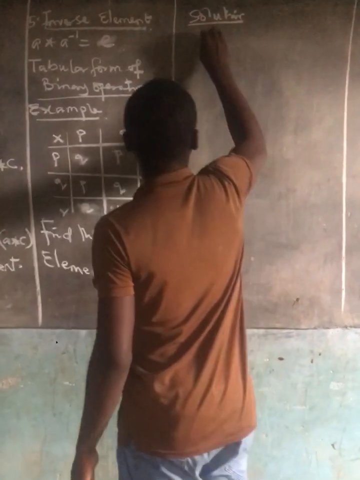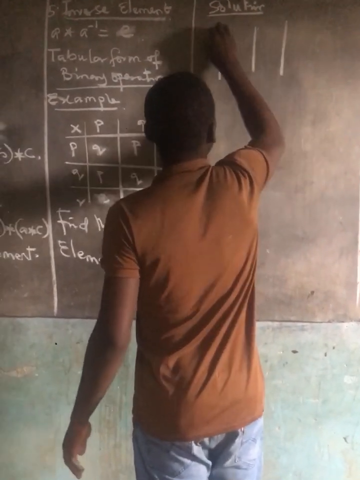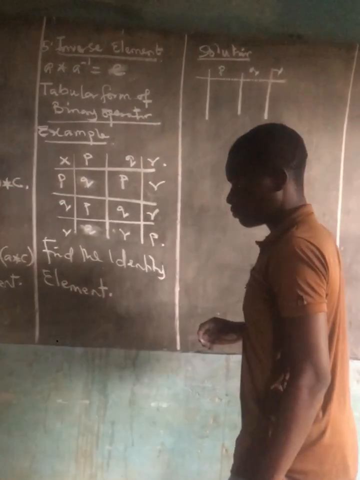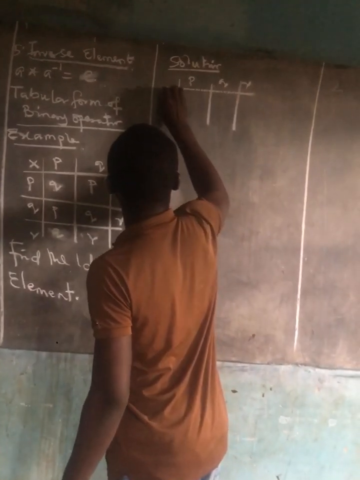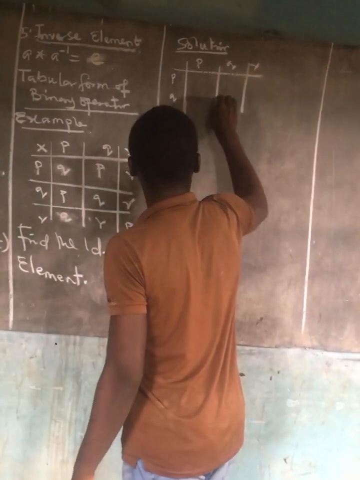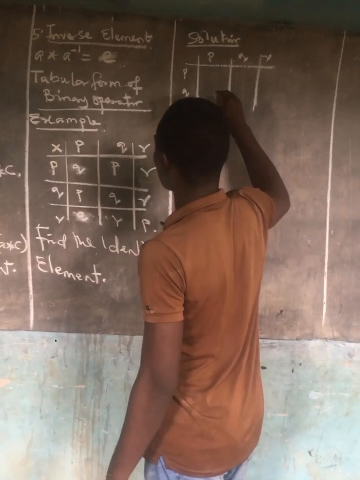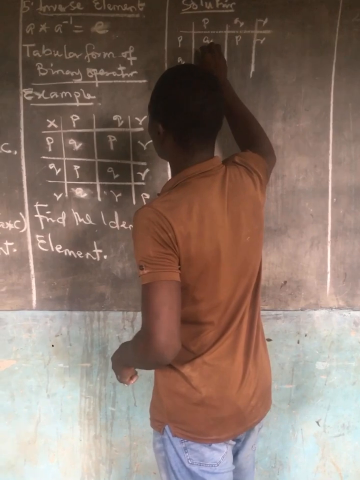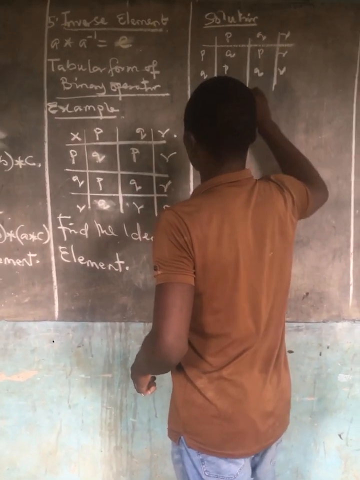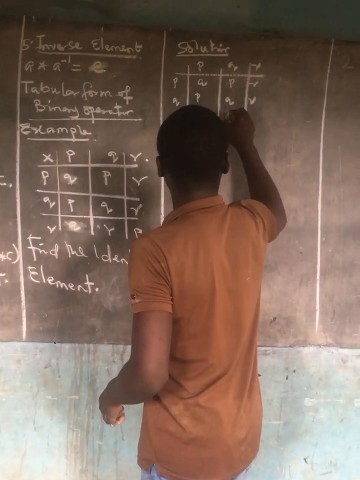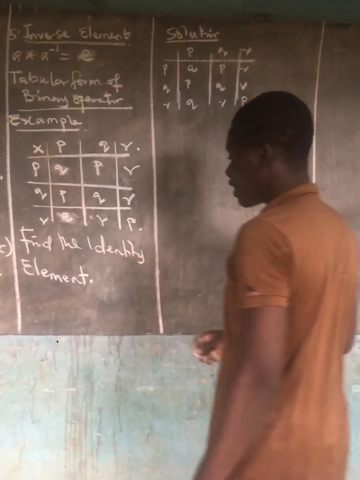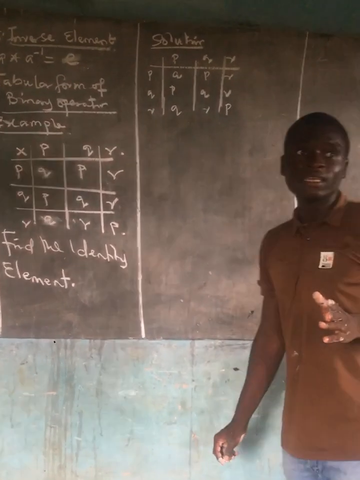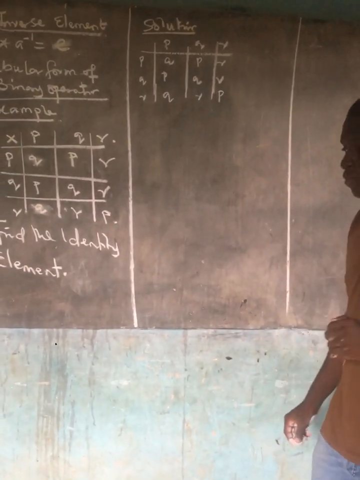I'm having P, Q, and R, and I'm also having P, Q, and R. So I'm having Q, P, R; P, Q, R; Q, R, P. We are asked to find the identity element.